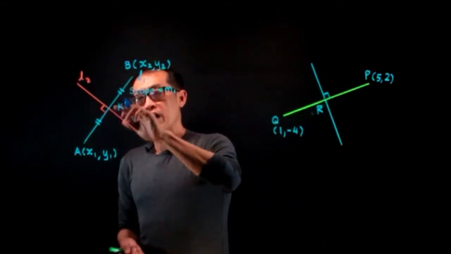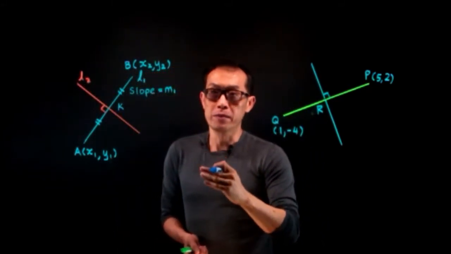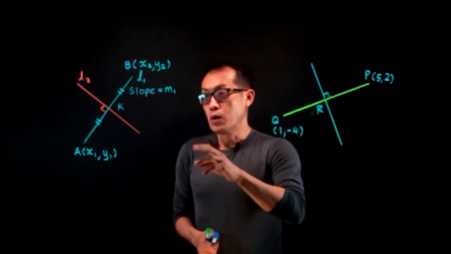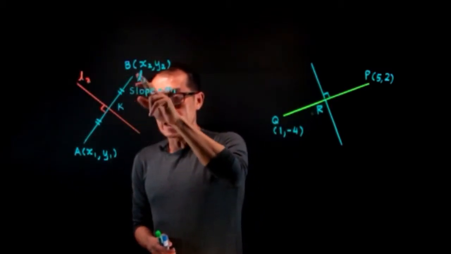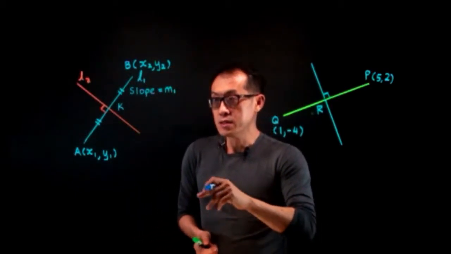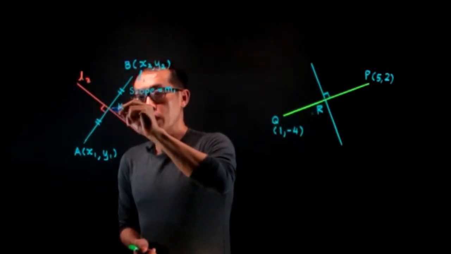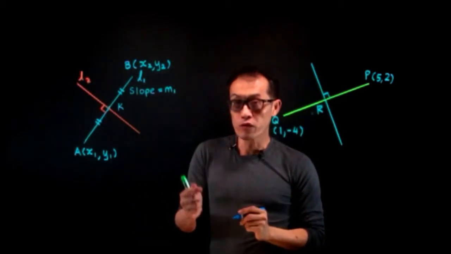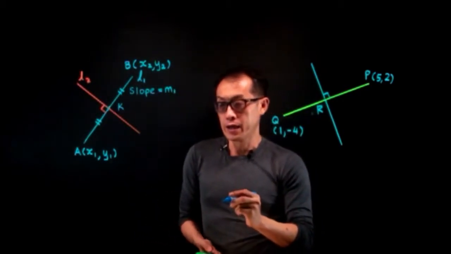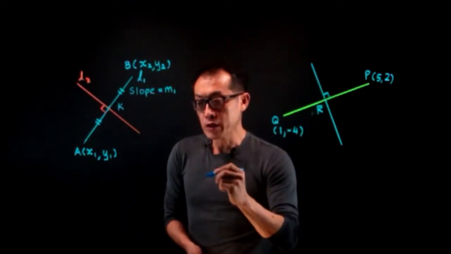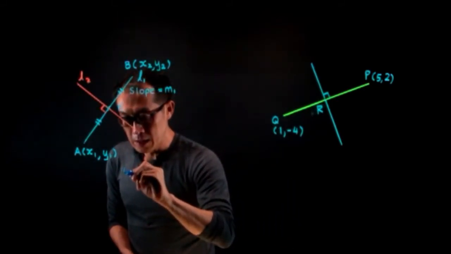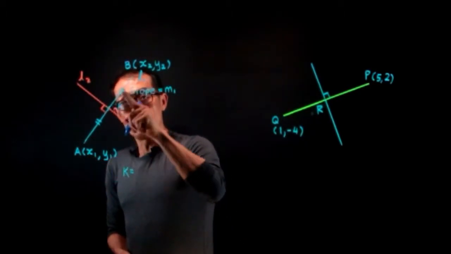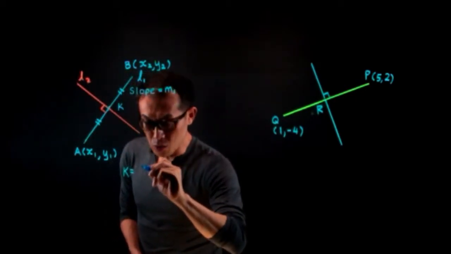So how to find the equation of the perpendicular bisector? Now, since it cuts the line AB into halves, that means line L2 passes through the midpoint K of A and B. Now, how to find the coordinates of K? Now, you learned in the midpoint theorem, K will be equal to, the x coordinate will be the average of x1 and x2.